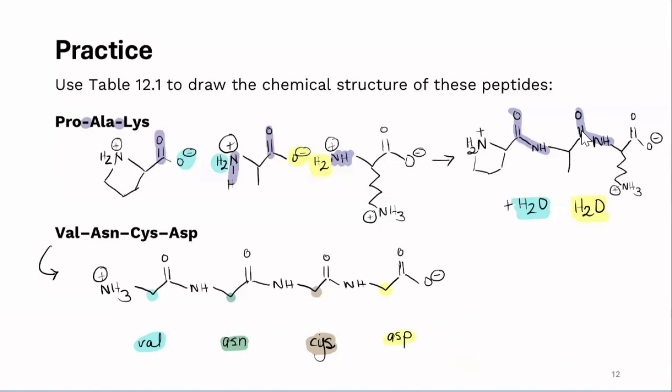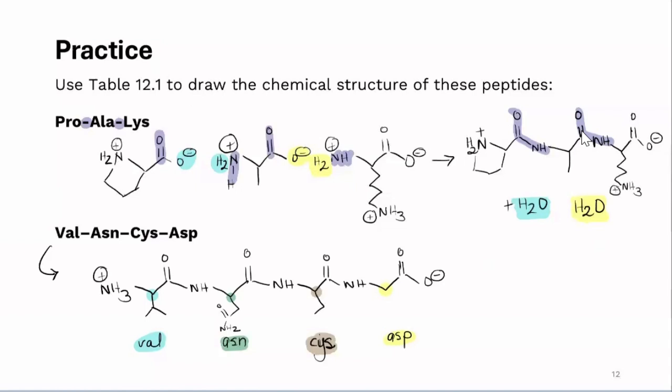So to conclude my drawing, all I have to do is incorporate the side chains for the amino acids that I have here. So starting with valine. Valine side chain is an isopropyl group. Next, I have asparagine. The asparagine side chain includes a CH2 group followed by a C double bond O, NH2. Next, I have cysteine.